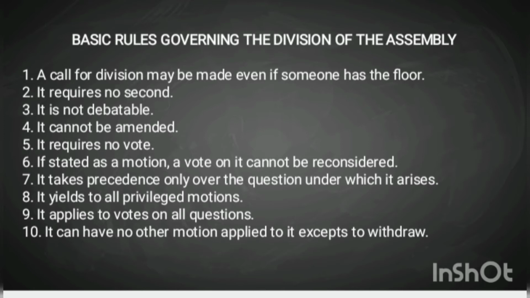Seventh, it takes precedence only over the question under which it arises. Eighth, it yields to all privileged motions. Ninth, it applies to votes on all questions. And lastly, it can have no other motion applied to it except to withdraw.